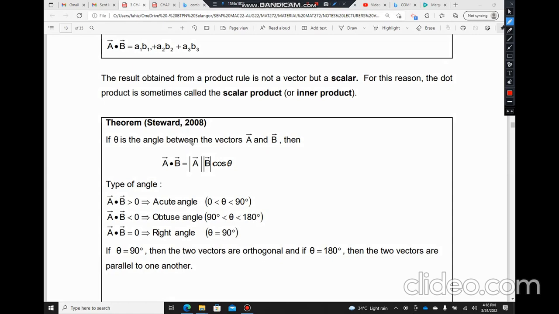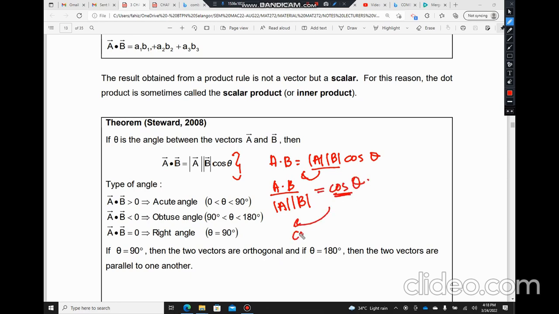Bila saya susun balik, A dot B equals to magnitude A magnitude B cos theta. Bawa ke kiri, cos theta equals A dot B over magnitude A magnitude B. Bawa cos ke sini, theta equals cos inverse A dot B over magnitude A magnitude B. So yang ni formula kita boleh guna untuk cari angle.